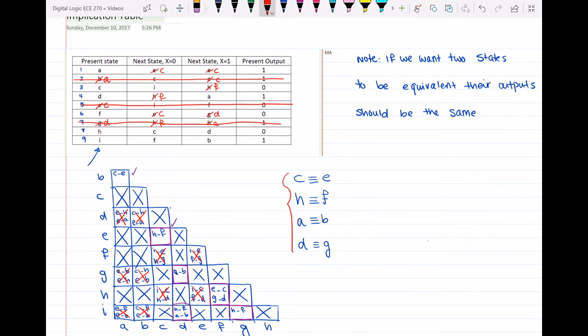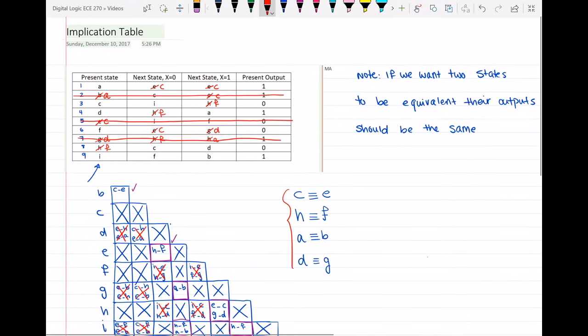Then I go to row 8. I'm going to substitute H by F. C will remain the same, and D will remain the same. So you can see that rows 6 and 8 are the same. So I'm going to cross out row 8.